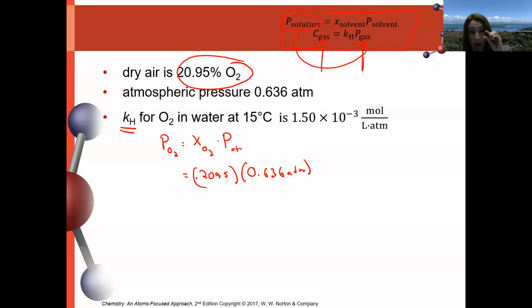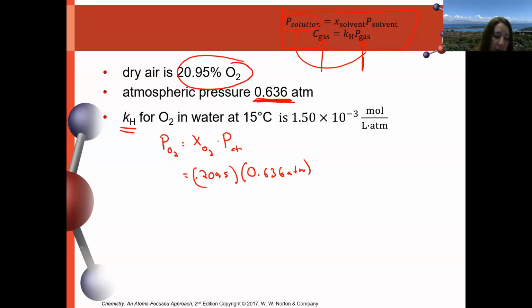It's the part we want. So you want the oxygen out of the whole. So the pressure of all molecules in the atmosphere is 0.636.